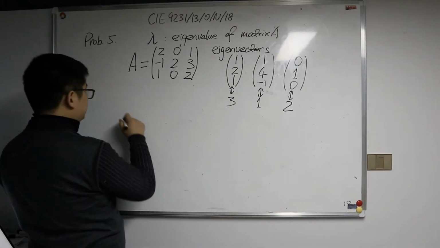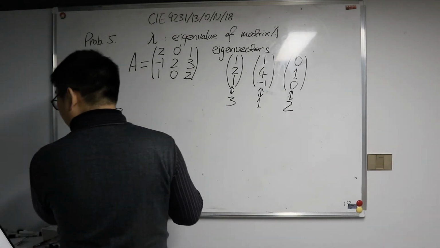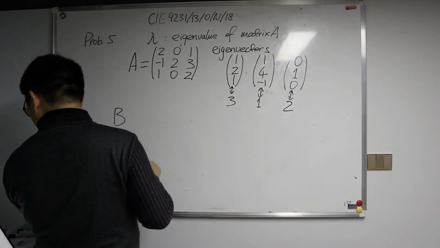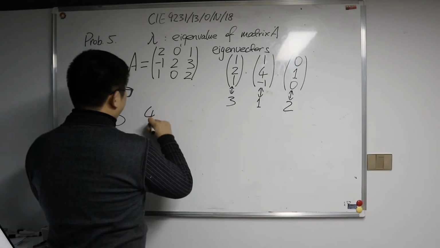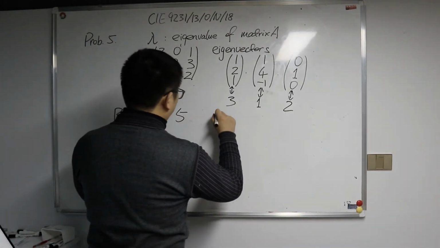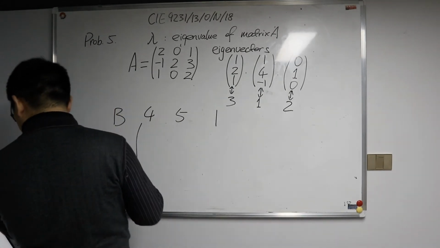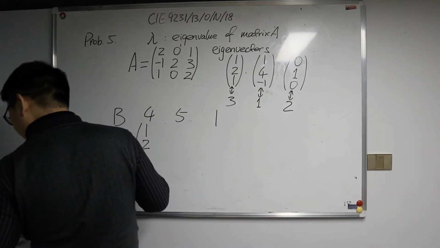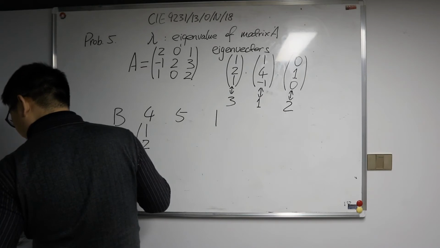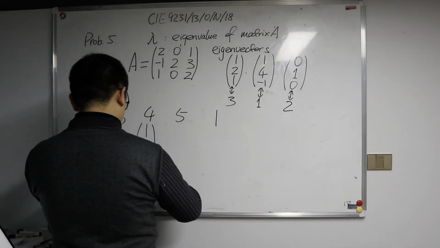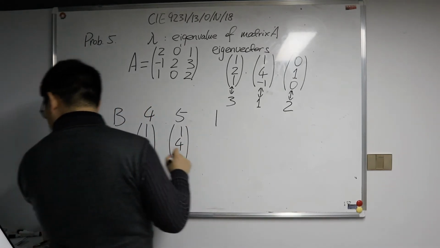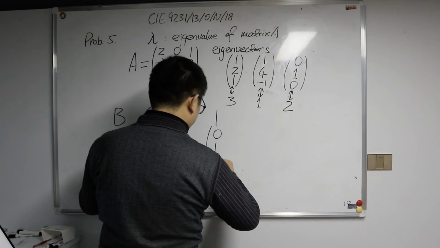And for the next part of this problem, we are told that the matrix B is not given explicitly, but we are told its three eigenvalues are 4, 5, 1, and the corresponding eigenvectors are 1, 2, 1, and 1, 4, minus 1, and 0, 1, 0.